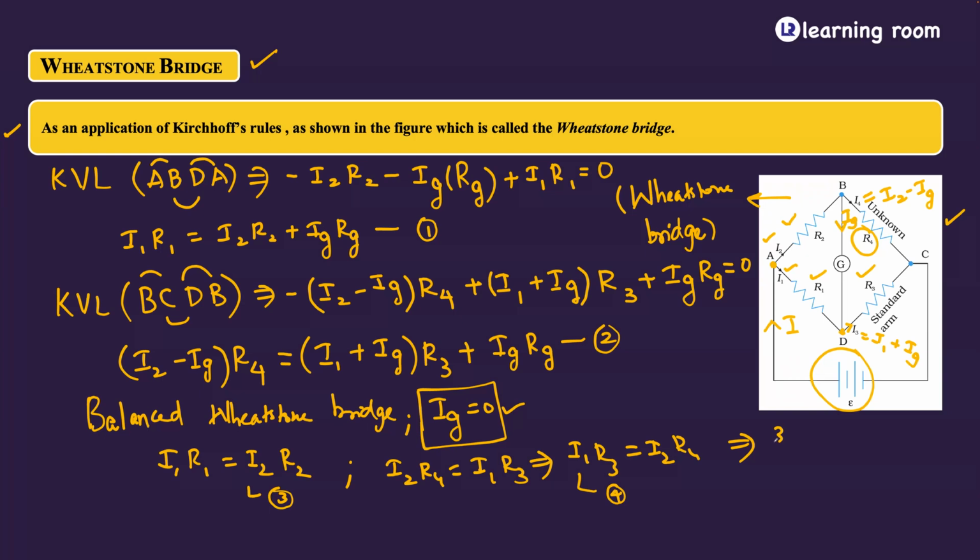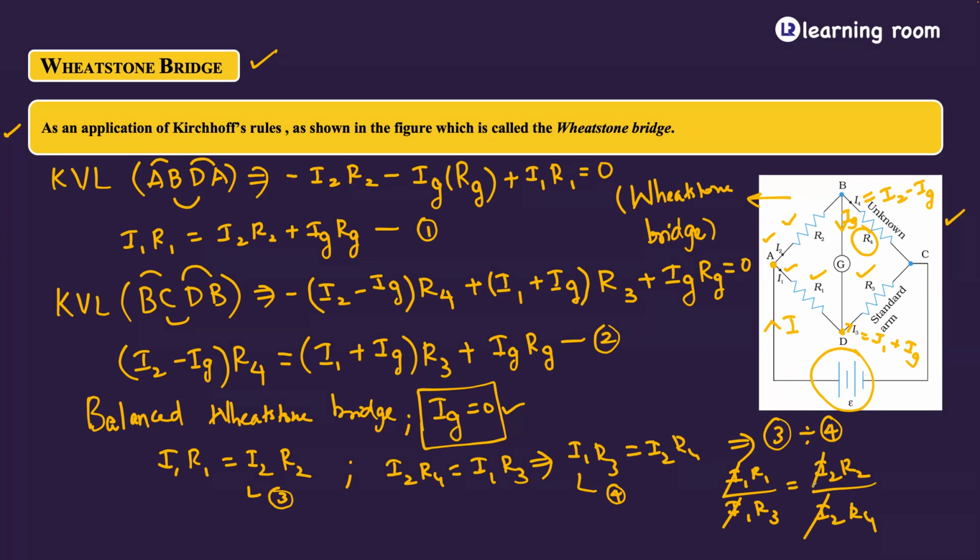If I divide the third expression with the fourth expression, we will get I1 R1 divided by I1 R3 is equal to I2 R2 divided by I2 R4. So I1 and I1 are gone, I2 and I2 are gone.